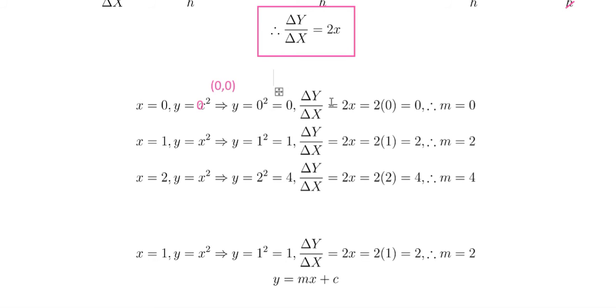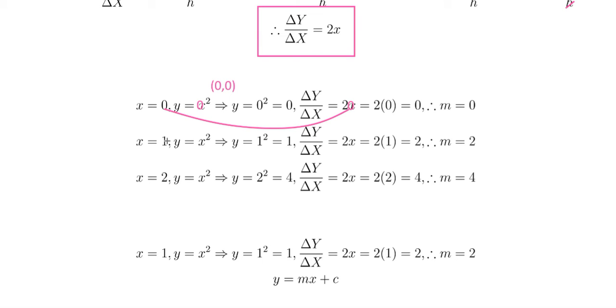Well, the gradient will be 2 times 0 because x is 0. So if x is 0, then 2 times x becomes 2 times 0. So if we have a gradient of 0, we can conclude that when we have the coordinate 0, 0 on the quadratic, the gradient is 0.